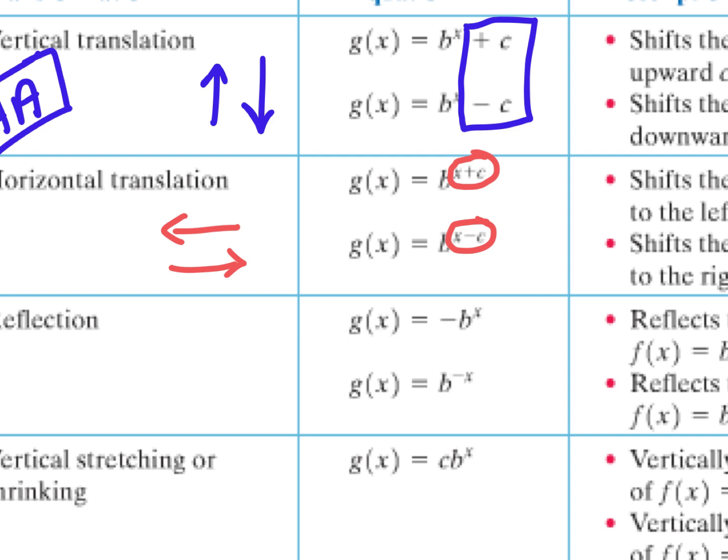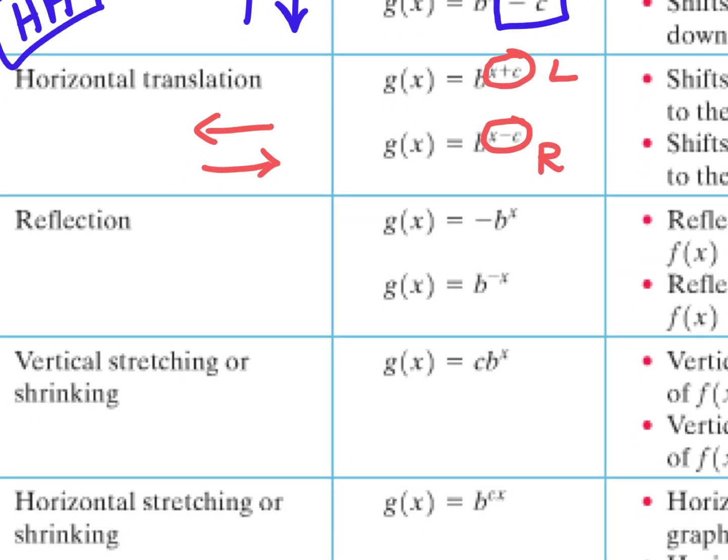It's plus. It's the opposite of what you think. It's always the opposite. So if it's a plus, then it's going to be moving left. And if it's a minus, it's going to be moving right. Anything horizontally is the opposite of what you would think it is. Vertical, if it says plus, it goes up. If it says minus, it goes down. If it is in the exponent, it's horizontal, it's going to do the opposite.